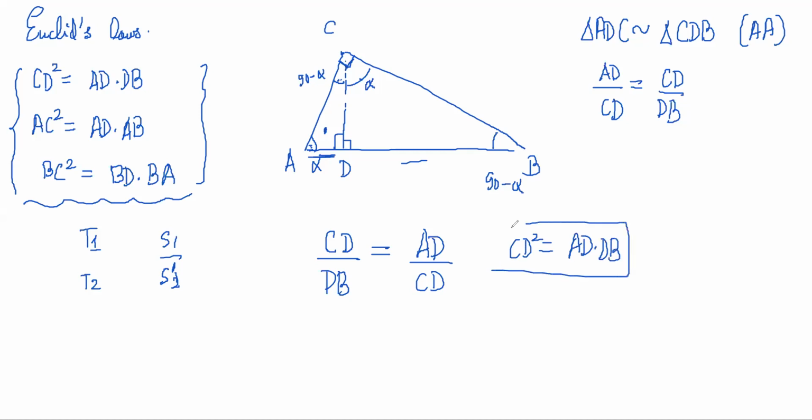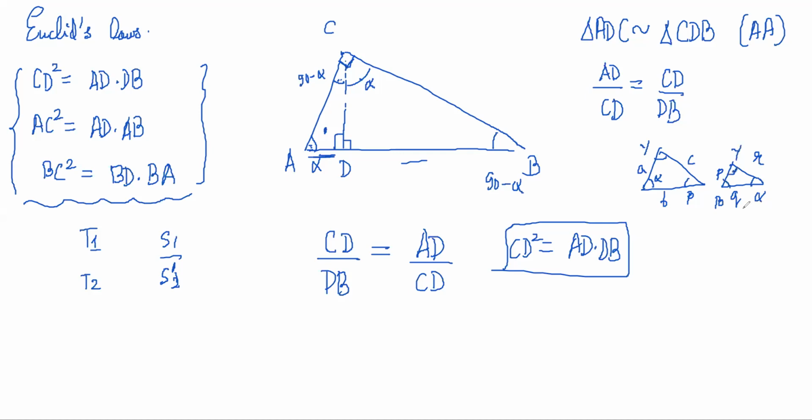Always don't make a mistake. Let's say this is one triangle and this is another triangle. This is A, B, C. This is P, Q, R. Let's say this angle is alpha, this angle is beta, this angle is gamma, and this angle is alpha, this angle is beta, this angle is gamma.